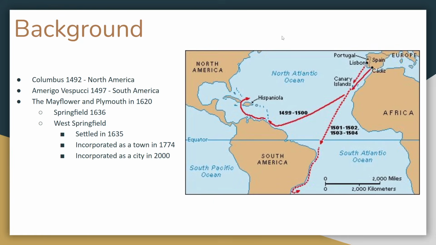Background. So Columbus is largely credited with discovering the New World. If you subscribe to that narrative, that could be a whole video in and of itself. He is one of the first traditional Europeans to sail there. Now, a couple years later, in 1497, you get Amerigo Vespucci.